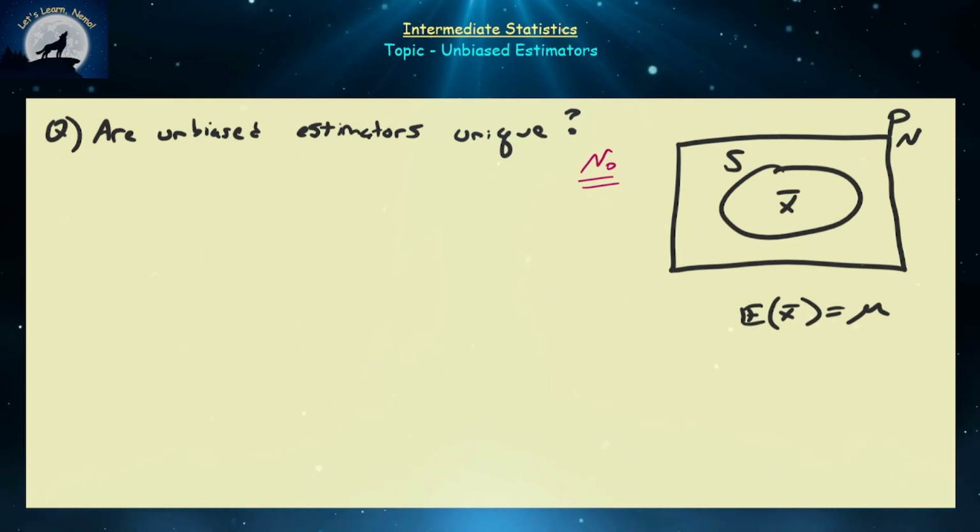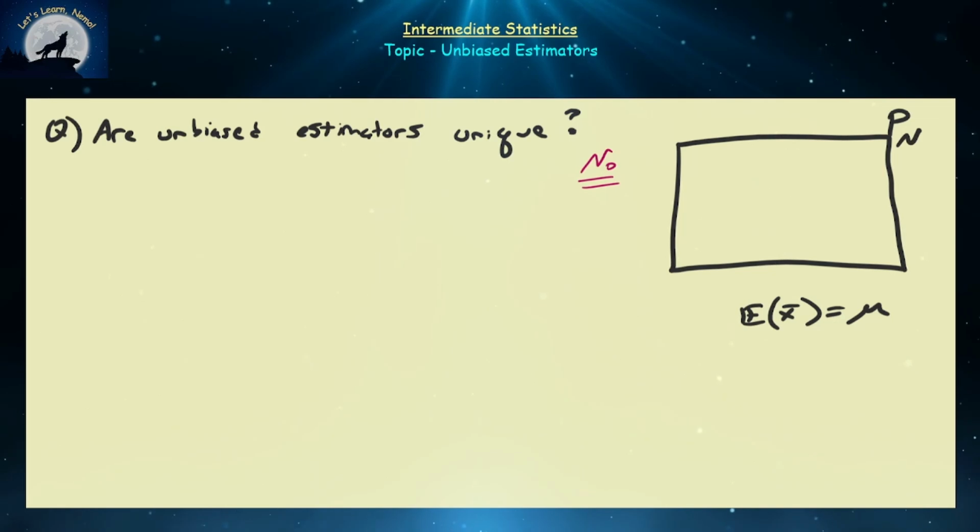So maybe x bar has some other properties, which we'll talk about in the future, that other unbiased estimators do not have. And that could either be good or bad. One famous, another unbiased estimator is what we call the stratified weighted average of sample averages.